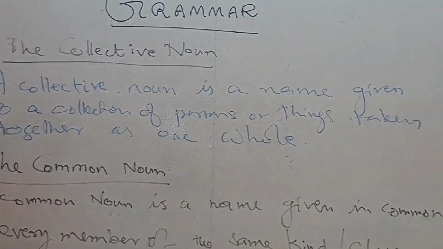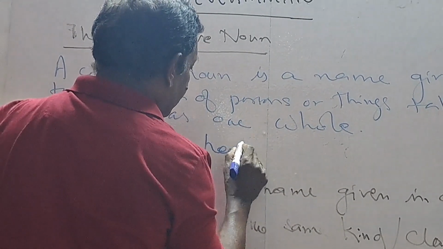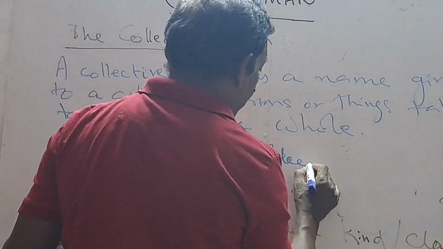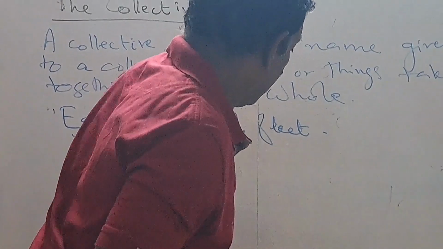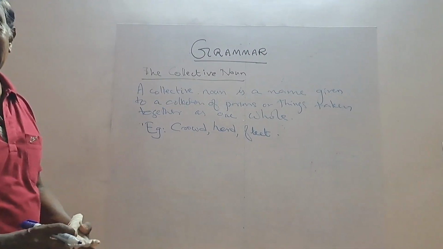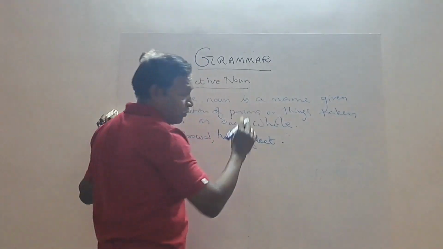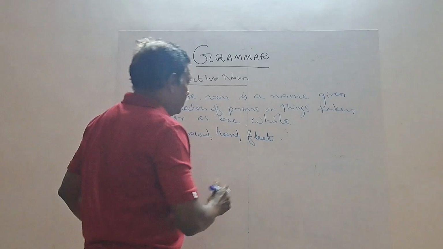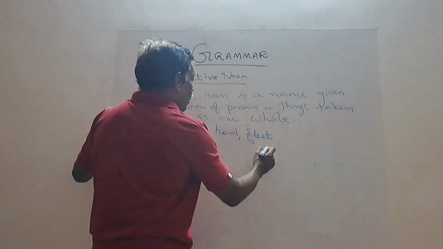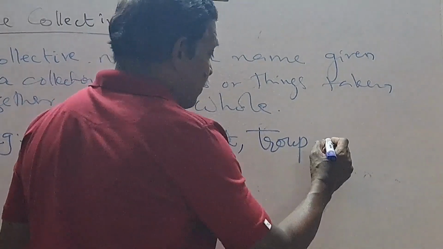For example, crowd, herd, fleet. What is crowd? Collection of people. Herd, collection of animals. Fleet, collection of ships or airplanes. Troop, collection of musicians.